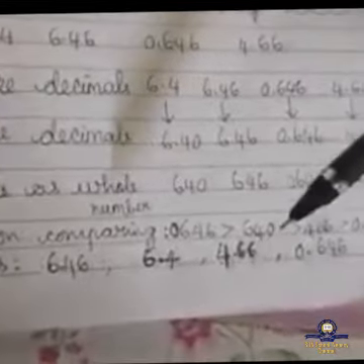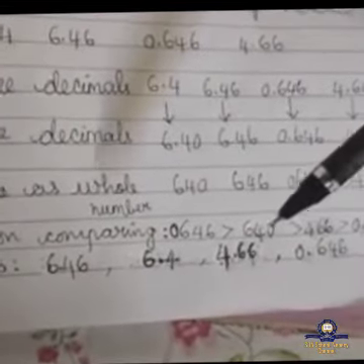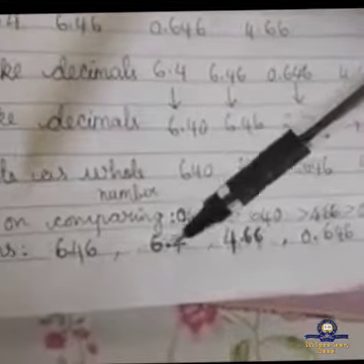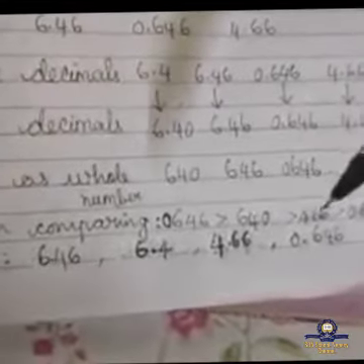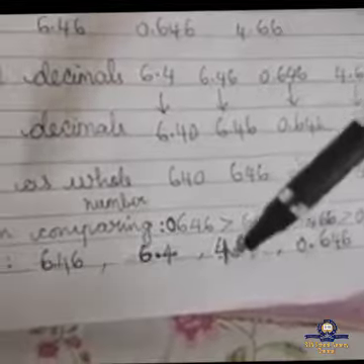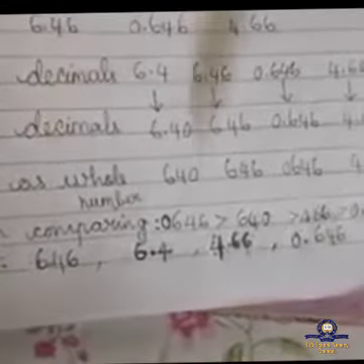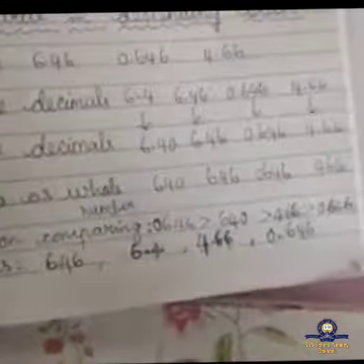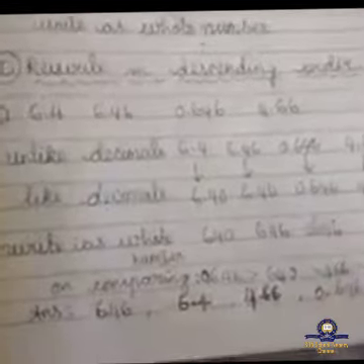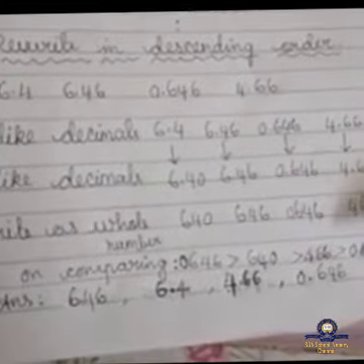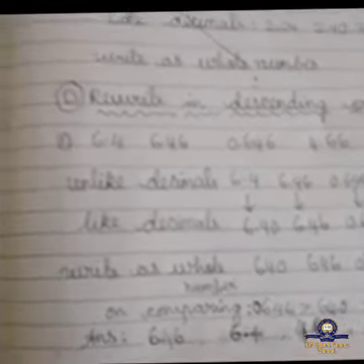Okay, 640, which is the decimal for this? 6.4. Next, 466, which is the decimal? 4.66. The last one, 0.646, according to this number.